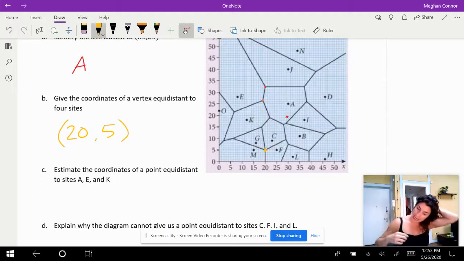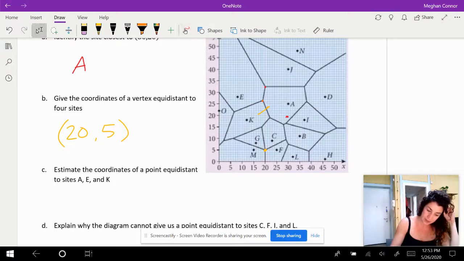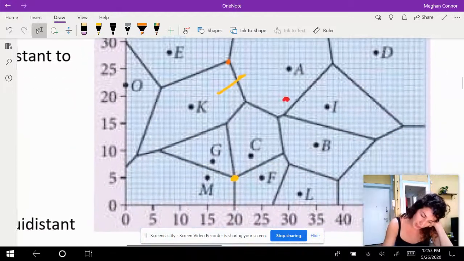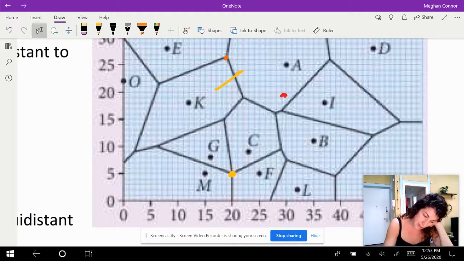Okay. Estimate the coordinates of a point equidistant to sites A, E, and K. So estimate the coordinates because this one is not as easy to see. So going to A, E, K, which we already did, that was the orange dot that we put in. So that looks like it's just above 25.